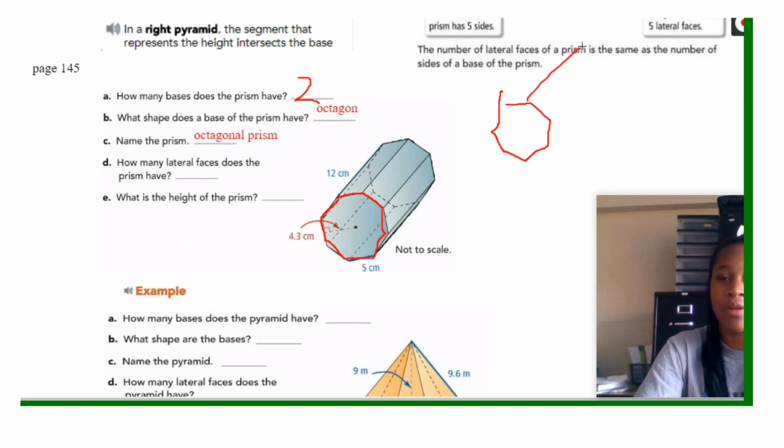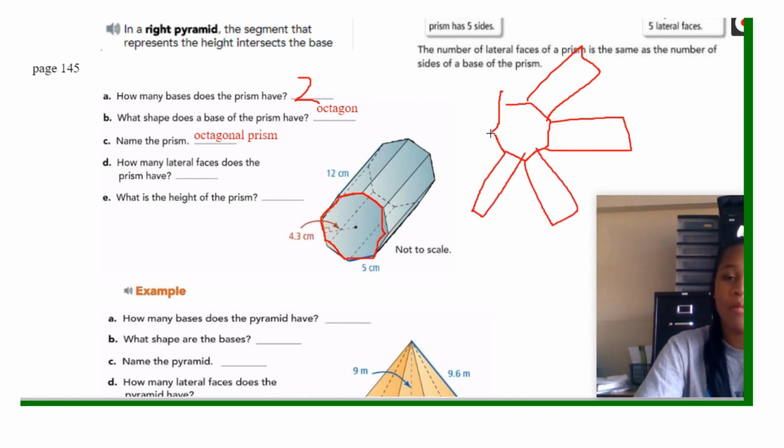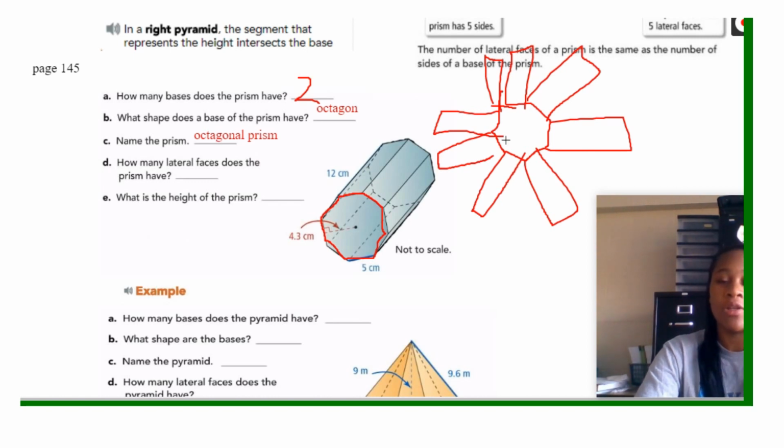So you will have a rectangular lateral face connect this one, this one, this one, 3, 4, 5, 6, and I'm missing one. Let's do 7, 8. That's pretty bad, but you get the picture. Since the base has 8 edges, you need a lateral face to connect to each edge. So how many lateral faces does the figure have? You will say 8.